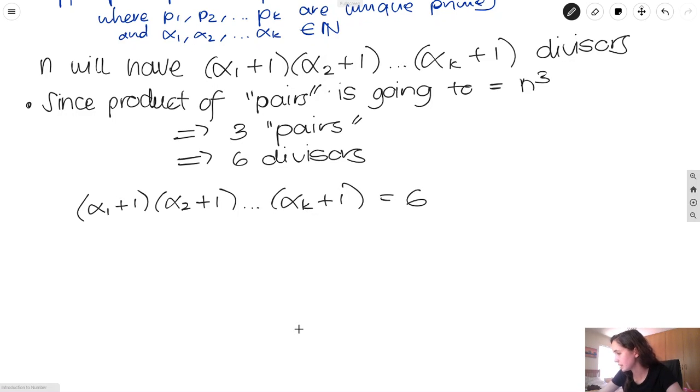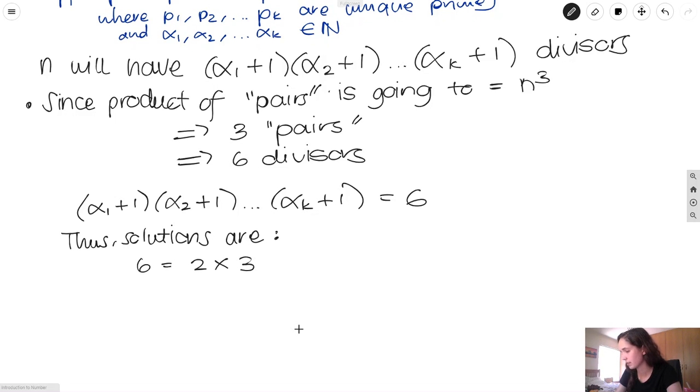And from here we can see, since we know the alphas are supposed to be natural numbers, that the solutions are, six is either going to be equal to 2 times 3, or it is equal to just 6.